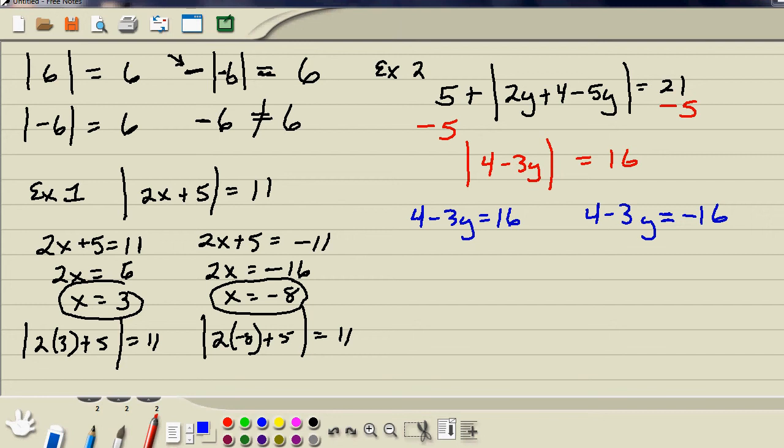Now I could have left a negative on this side. And let me just look at that for a second. We do it for simplicity reasons. But we said that this can be positive or negative. Well, what if I was to make it negative on this side? And remember that it's everything inside the braces, or the absolute value, equals 16.